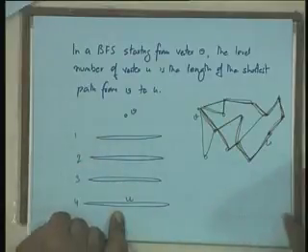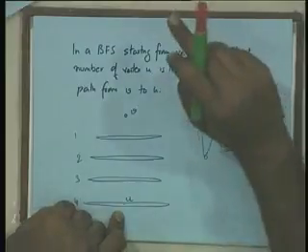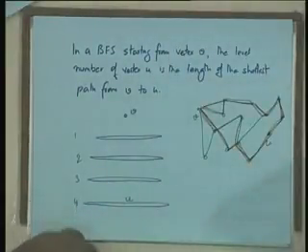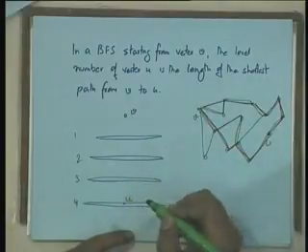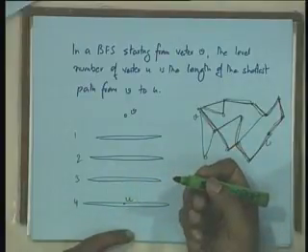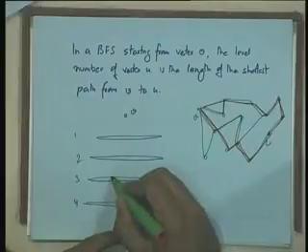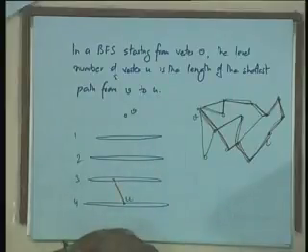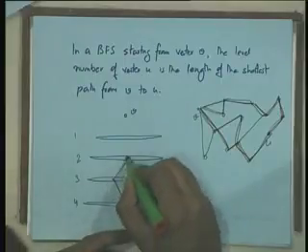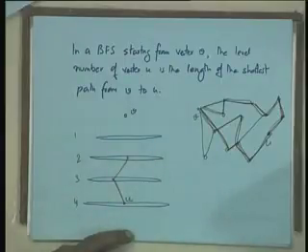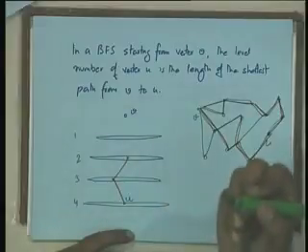First let us show that there is a path of length 4. How do I show there is a path of length 4? Very simple. I start from u, I take its predecessor, which would be some vertex there. Then I take its predecessor, which would be some vertex at the previous level. You understand what predecessor means?